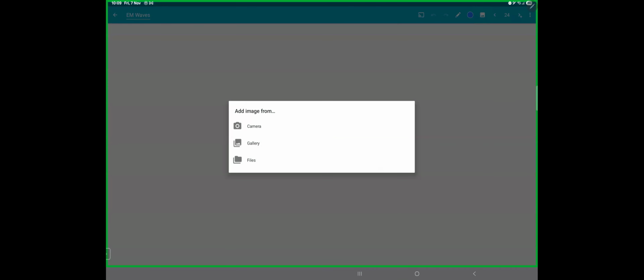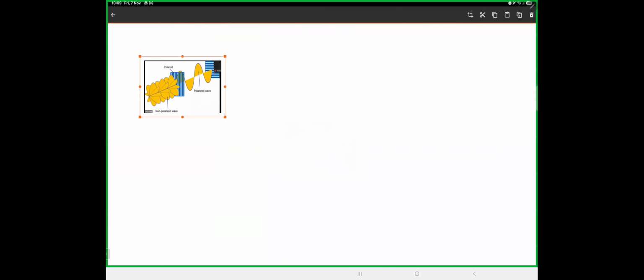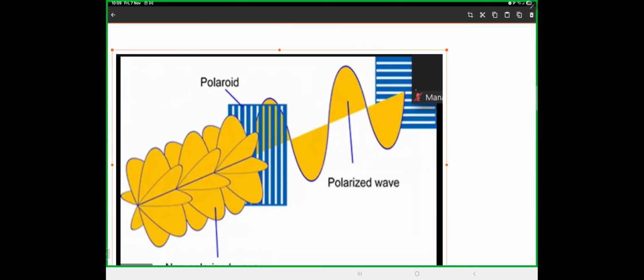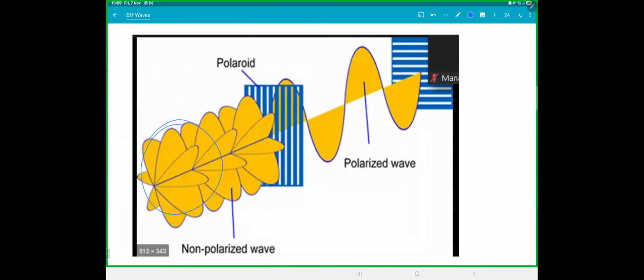If I show you a better picture, this is even better. This is an unpolarized light. You can see the electric field is in multiple directions here. It's like a flower kind of thing. When this passes through the polarizer, you can see only the up and down component comes out.